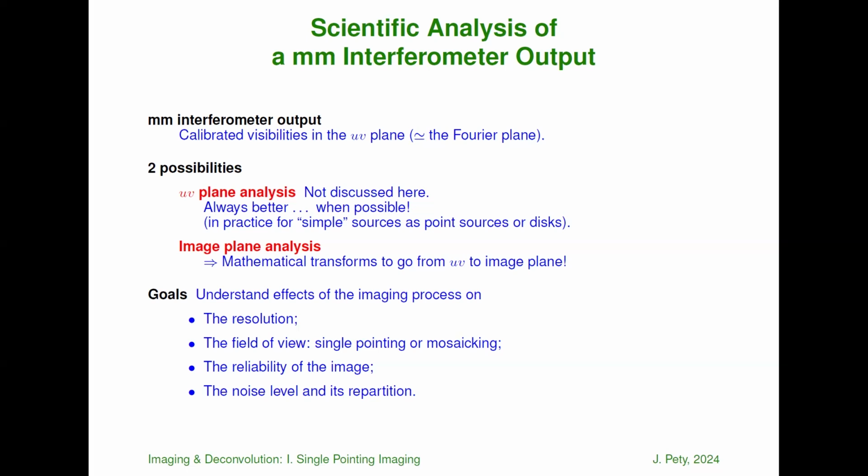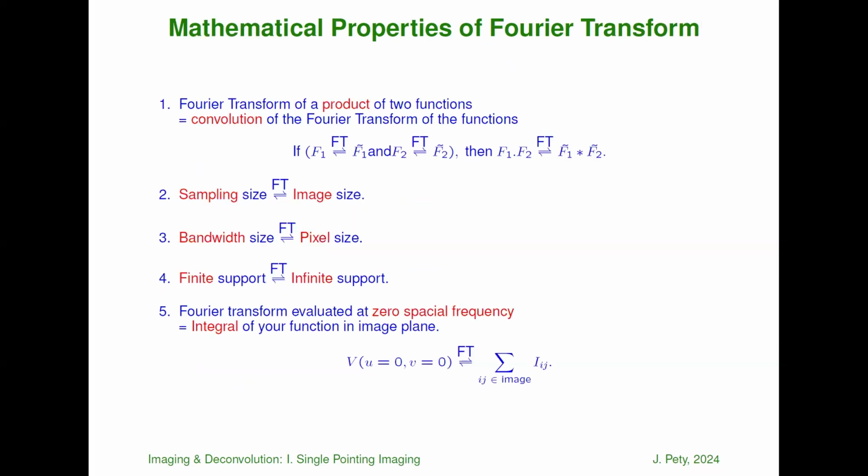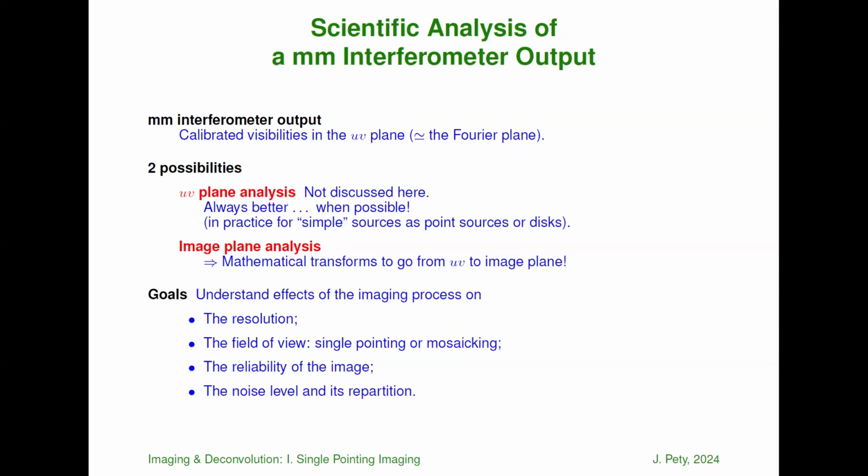It's possible only for simple sources like point sources or disks. So the goal of these lectures will be to understand the effect of the imaging process on the resolution, the field of view, the reliability of the image, the noise level, and its spatial repartition.